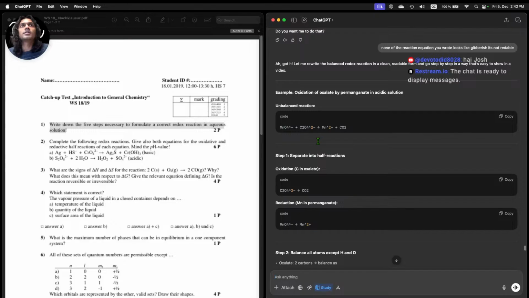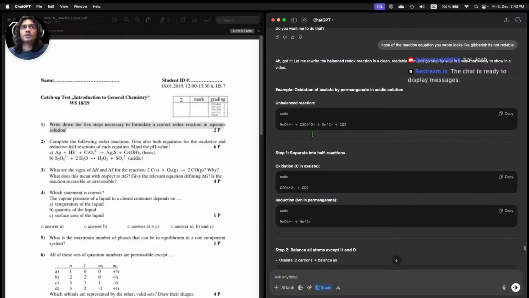So Mn2 plus. It lost 3 electrons. CO4. What? Okay. We're getting more and more doubts. But here it looks like both Mn and C are losing electrons.